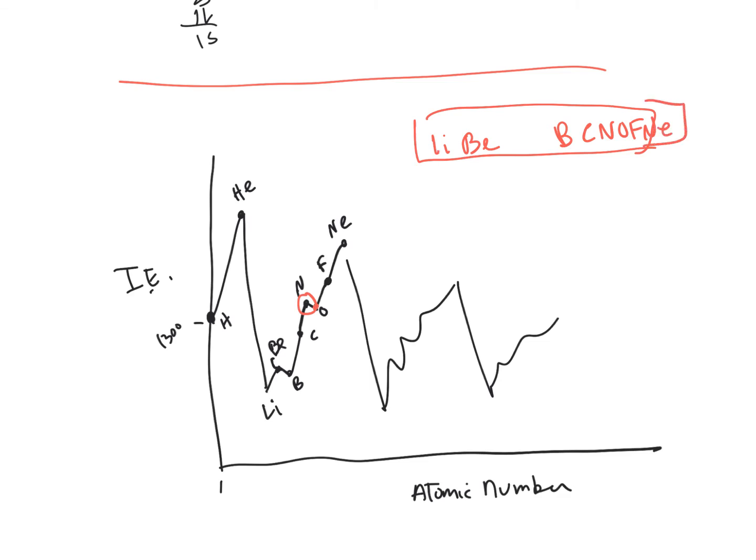So the trend is that the size decreases going from left to right, and that the ionization energy increases going from left to right. So you should see each number getting higher than the next one going across the period, right? But you don't. For some reason, nitrogen is higher than oxygen, and you would expect it to be the opposite.